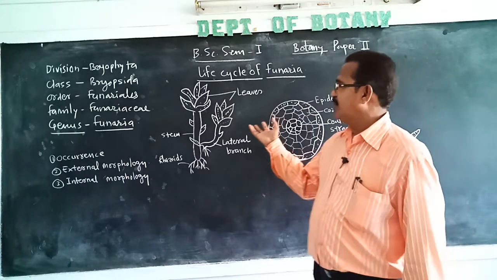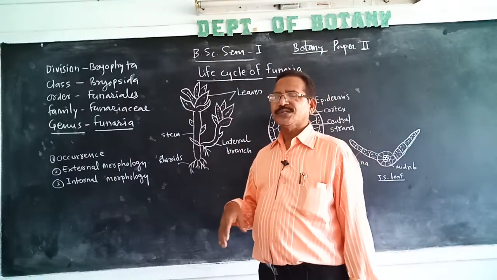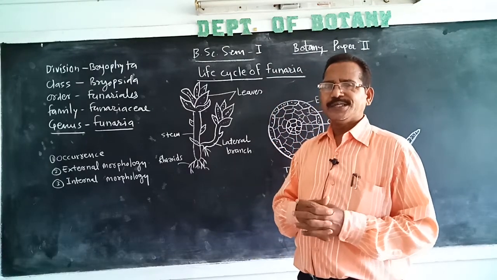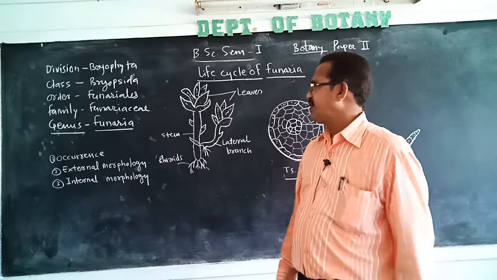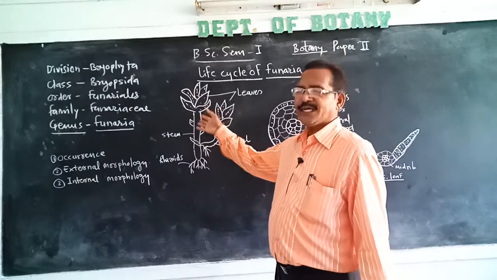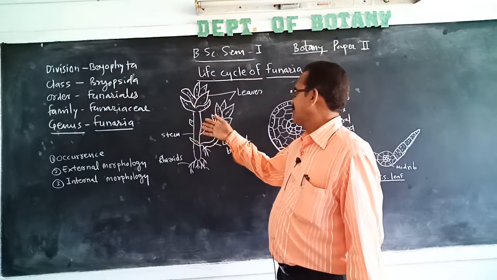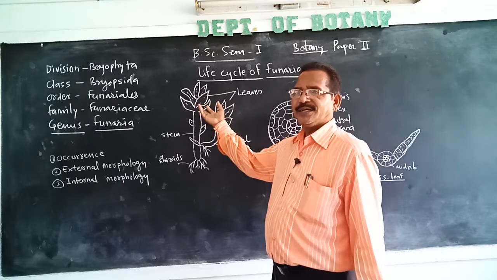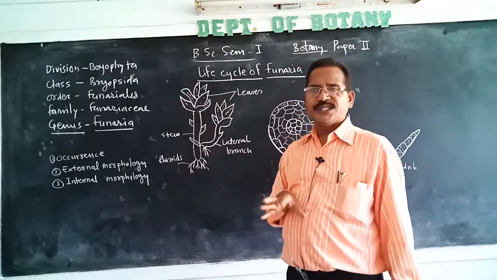The plant body itself is just 2 to 3 centimeters in height and is differentiated into stem-like appendages and leaf-like appendages, and true roots are absent.